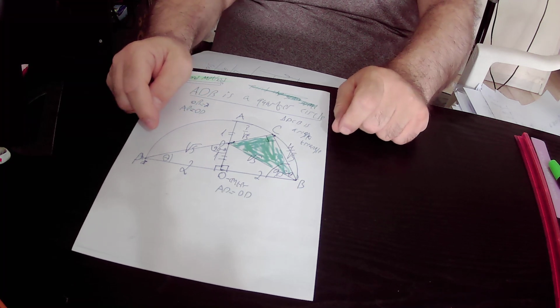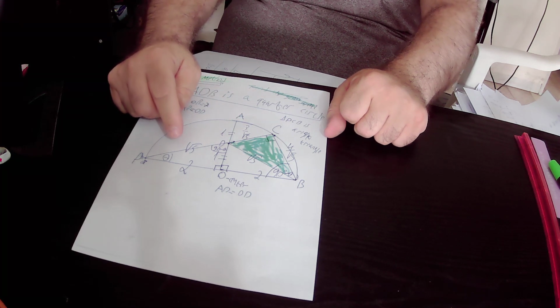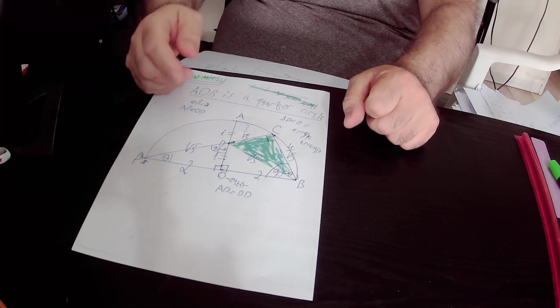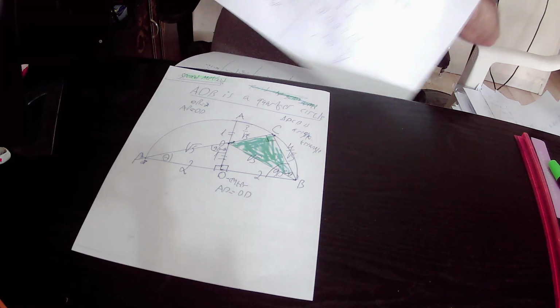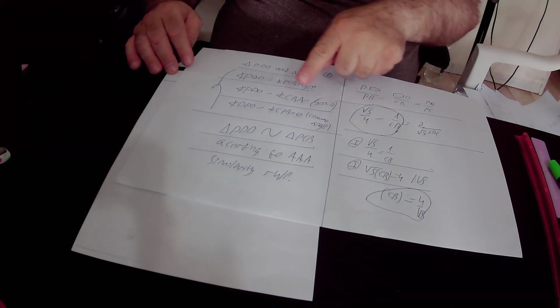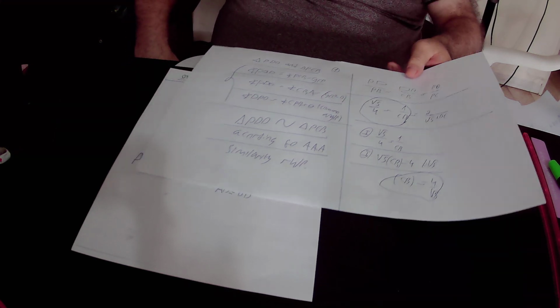So we actually prove that all the angles of triangle PCB are equal to the angles of triangle POD. Therefore, triangle PCB is similar to triangle POD according to the angle similarity rule.